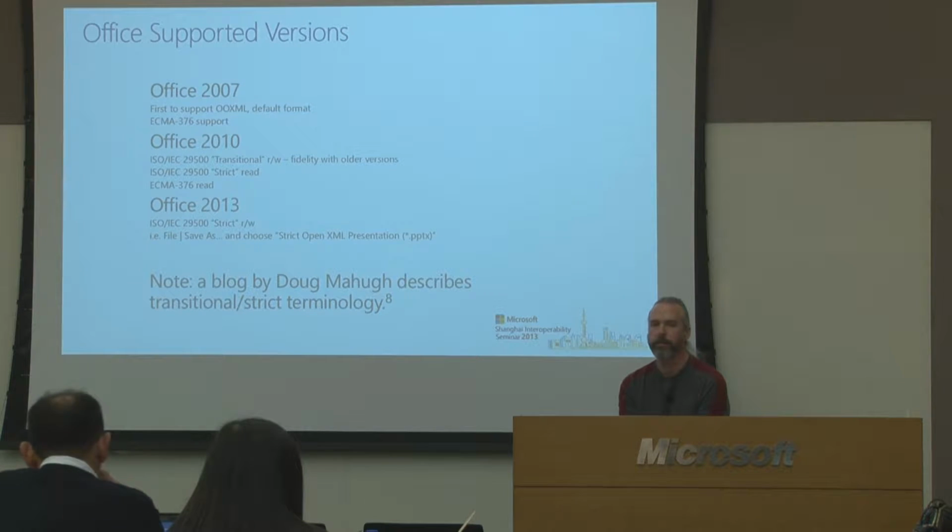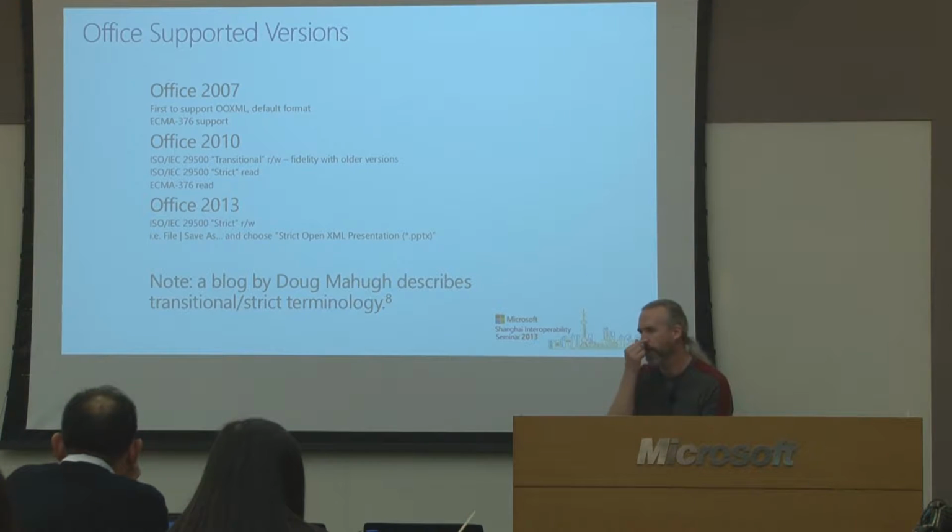Strict is provided as a subset of transitional conformance. So everything that's in strict is also in transitional. And part 1 of the standard describes the strict elements.